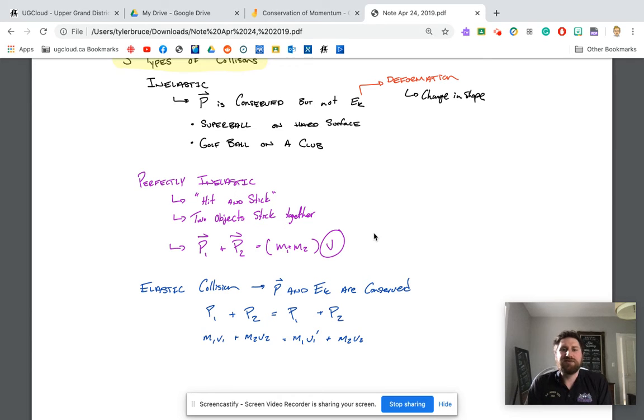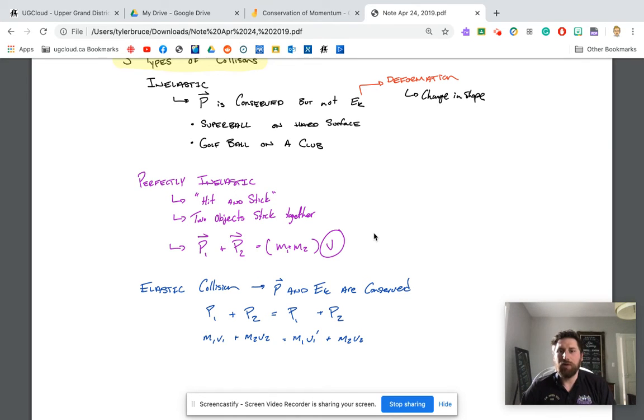This is like if I shoot a bullet into a block of ballistics gel sitting on a frictionless table, all of the momentum of the bullet goes into the gel, and the gel will slide across the table at a certain velocity. Because the bullet is stuck within the gel, it didn't go through, both the bullet and the gel are traveling at the exact same velocity.